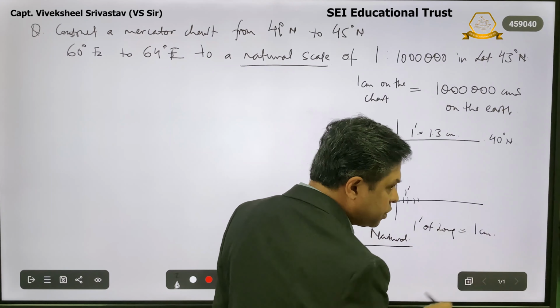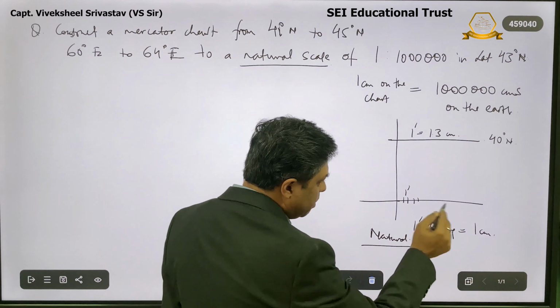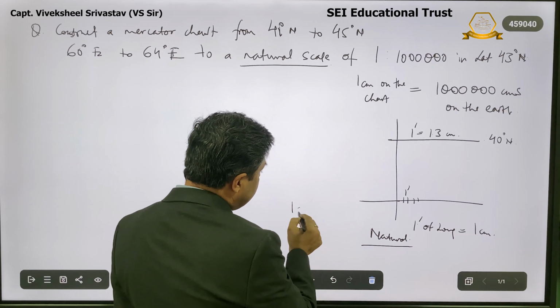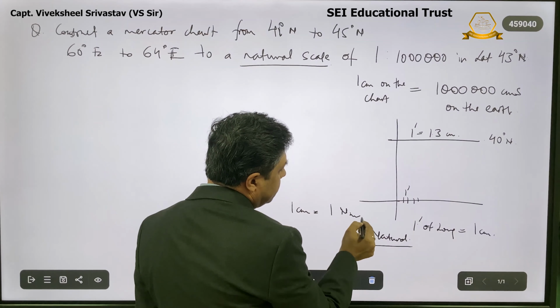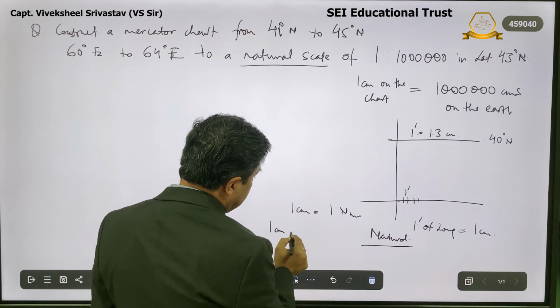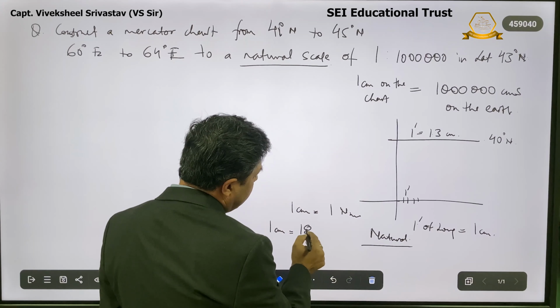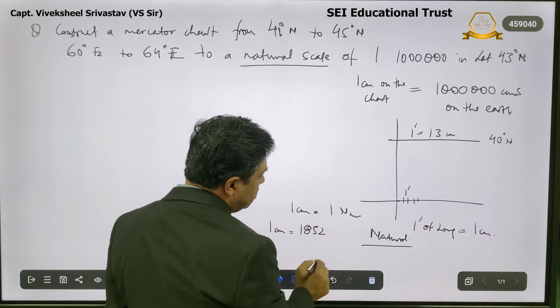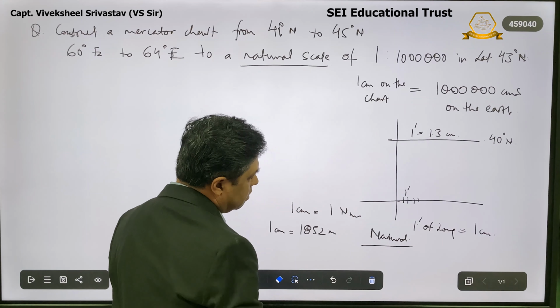Okay. So here if you see, what is the longitude scale? 1 minute of longitude is 1 centimeter. So what would be the natural scale? 1 minute of longitude is still 1 mile. So 1 centimeter is equal to 1 nautical mile, and 1 nautical mile is 1852 meters, right?